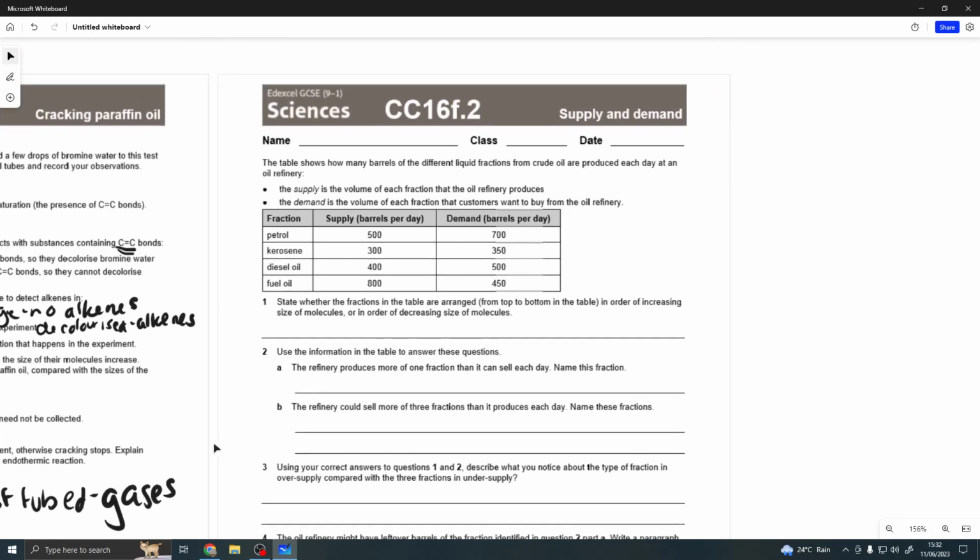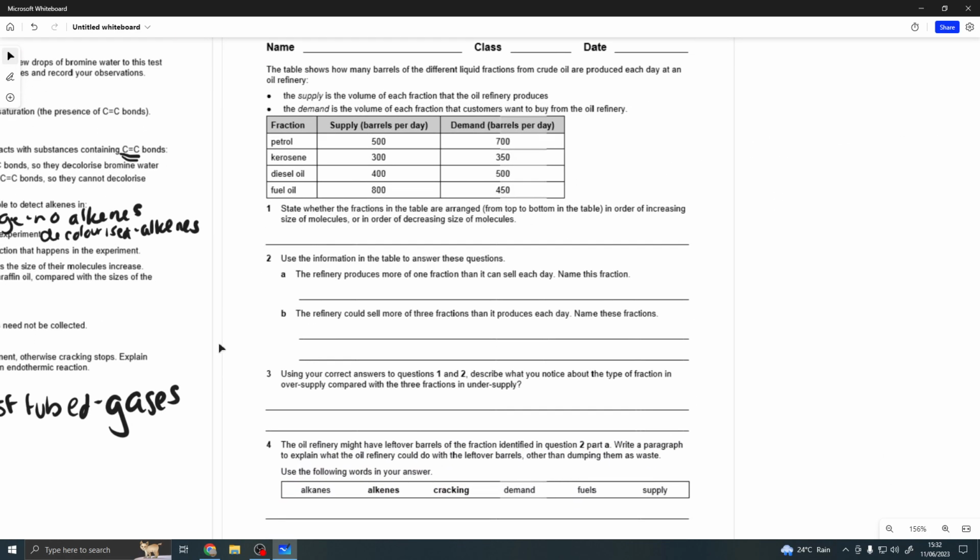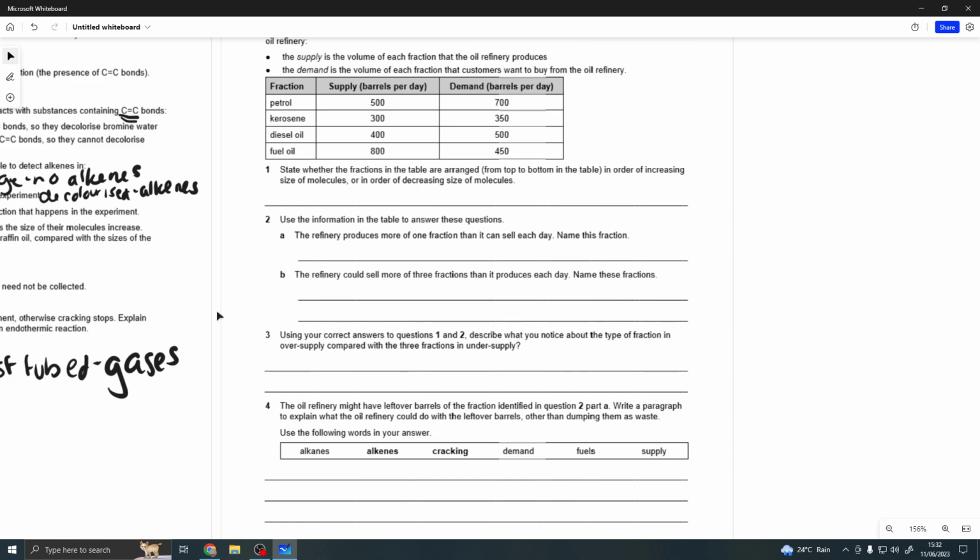Now we have sheet 2, supply and demand. Now these are very common exam questions, the kind of thing they might ask you. State whether the fractions in the table are arranged in order of increasing size or decreasing size. So as you go down, the size increases. The refinery produces more of one fraction than it can sell each day.